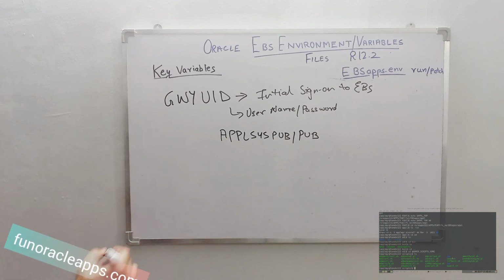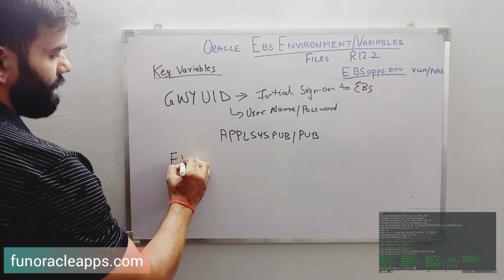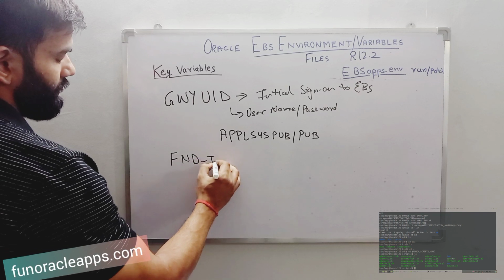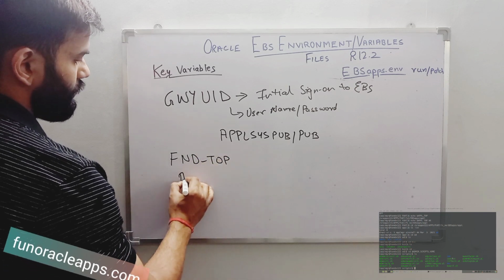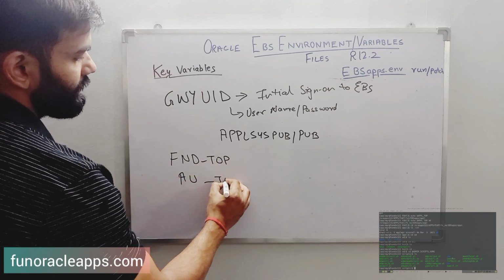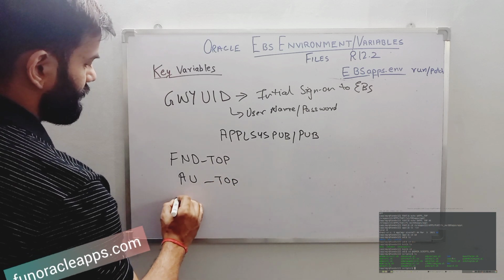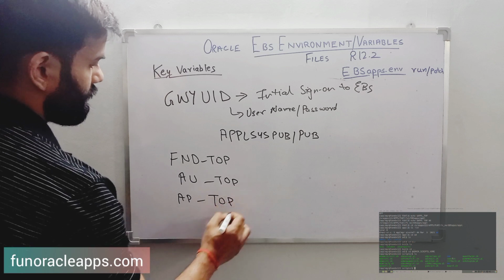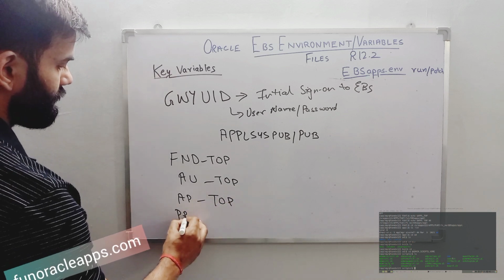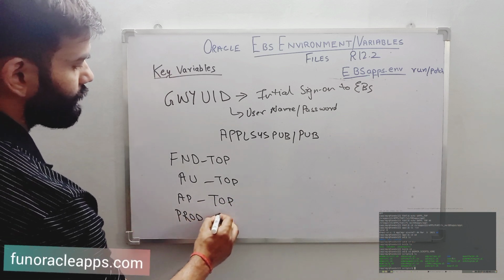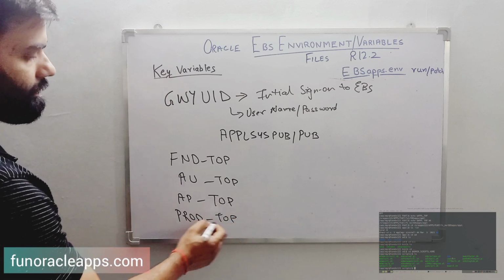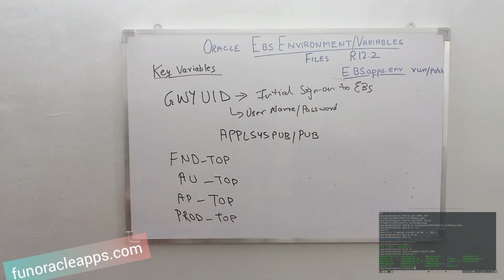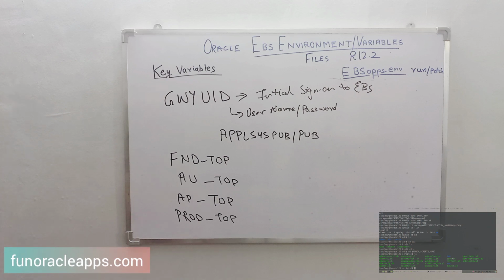Then you have other tops, FND_TOP, AU_TOP. These are specific to a product, or any product, let's say AP product, underscore TOP. So whichever product name you take, followed by _TOP, that will be the location of that particular product.